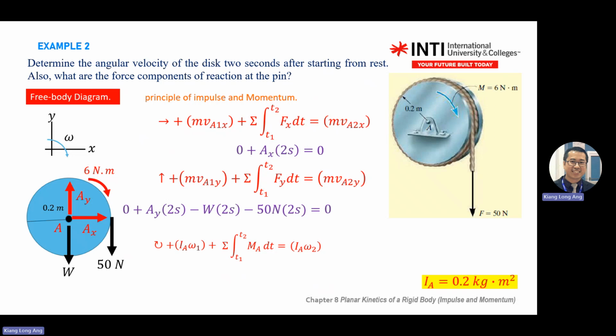Sometimes we purposely put a G point here, small g. When I replace capital A with a G point, if you substitute capital W equal to mg earlier, in your calculation you'll see a lot of g, and you'll be confused.